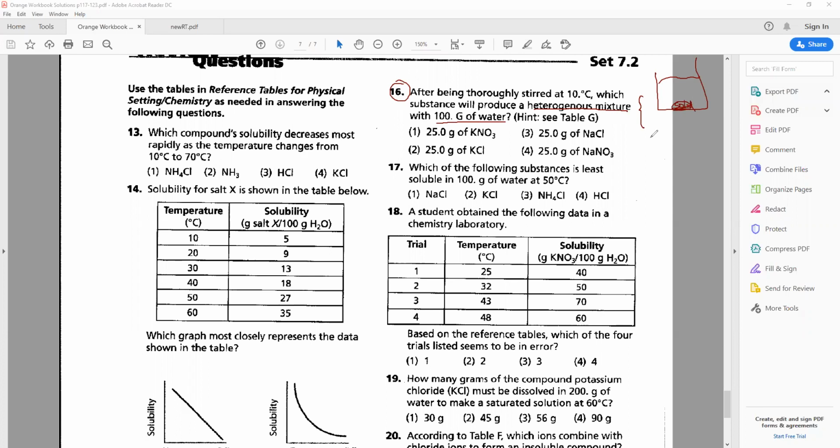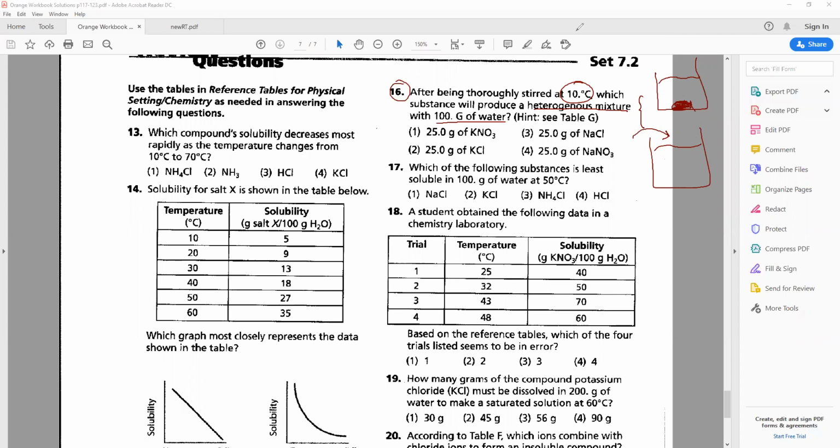So what does that mean? That means that I had more salt than it can dissolve. So I'm going to have a saturated solution. The water is going to dissolve whatever it can to form a saturated solution at this temperature, and any extra that it cannot dissolve is going to fall on the bottom as a solid.